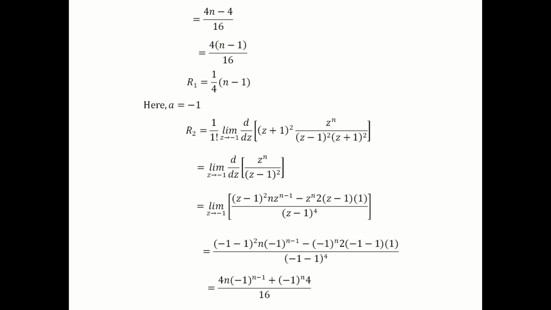That is 4 n (minus 1) power n minus 1 plus (minus 1) power n into 4, right? Because you will get minus 1 in the second term: minus 1 minus 2, minus 2 into 2 is minus 4, and minus 4 into minus gives plus, that is why. So in the second term, plus (minus 1) power n into 4 by 16.